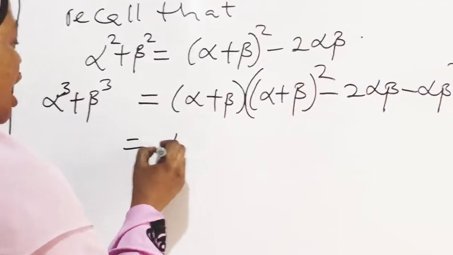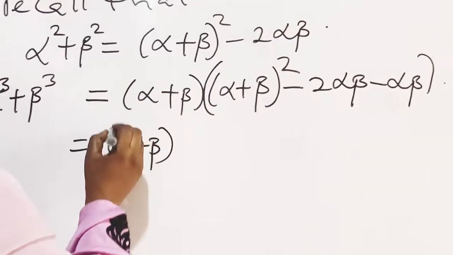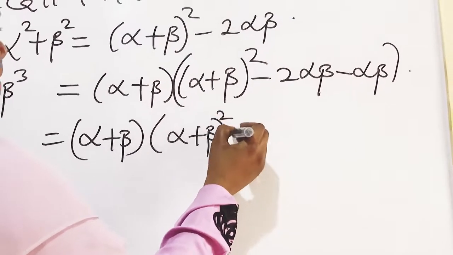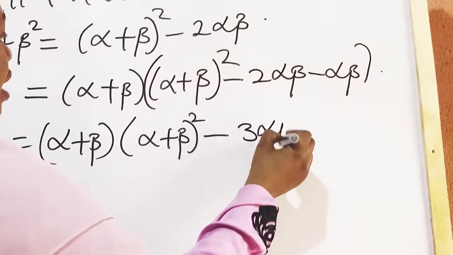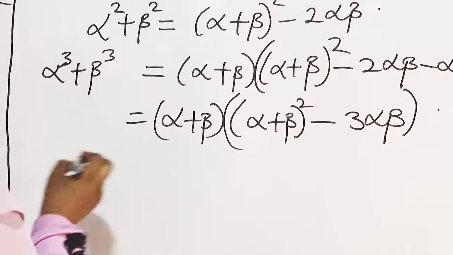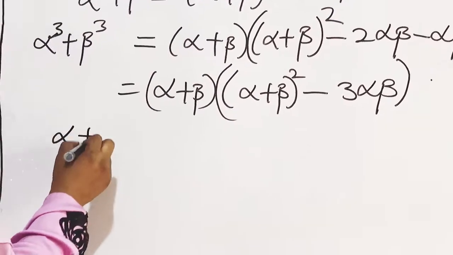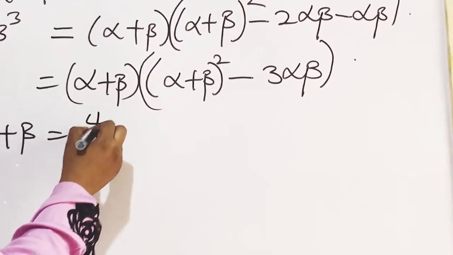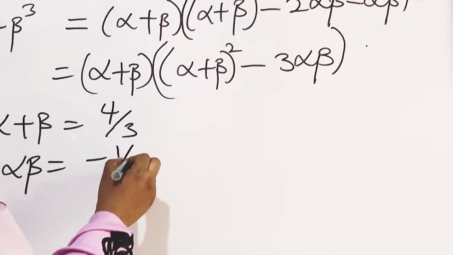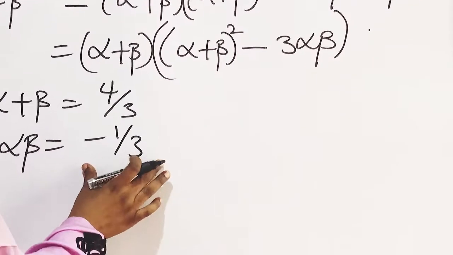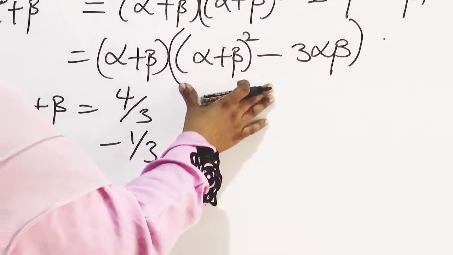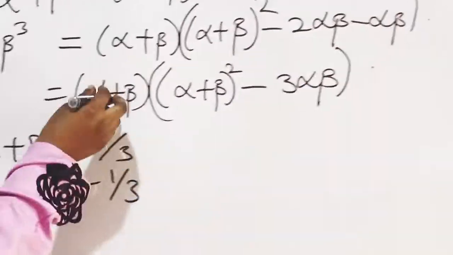So it is equal to alpha plus beta into bracket alpha plus beta squared minus 3 alpha beta. Recall that alpha plus beta is equal to 4 over 3 and alpha beta is equal to minus 1 over 3. So what you need to do now is substitute the value of the sum of roots and product of roots inside this expression.